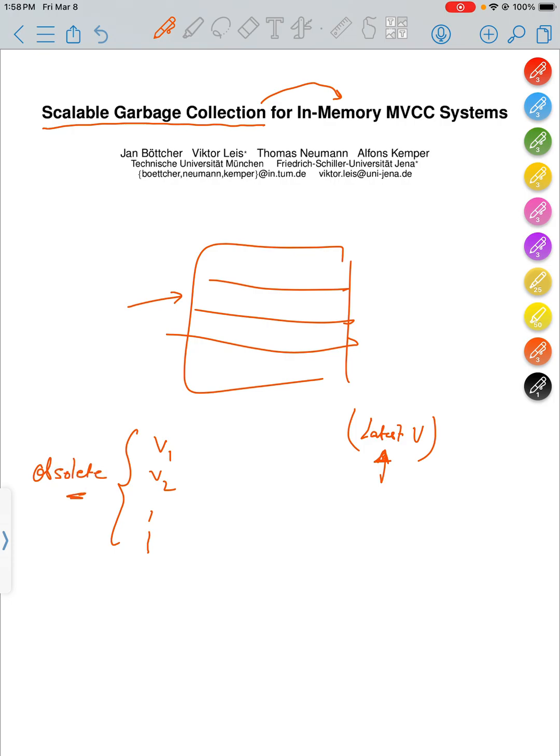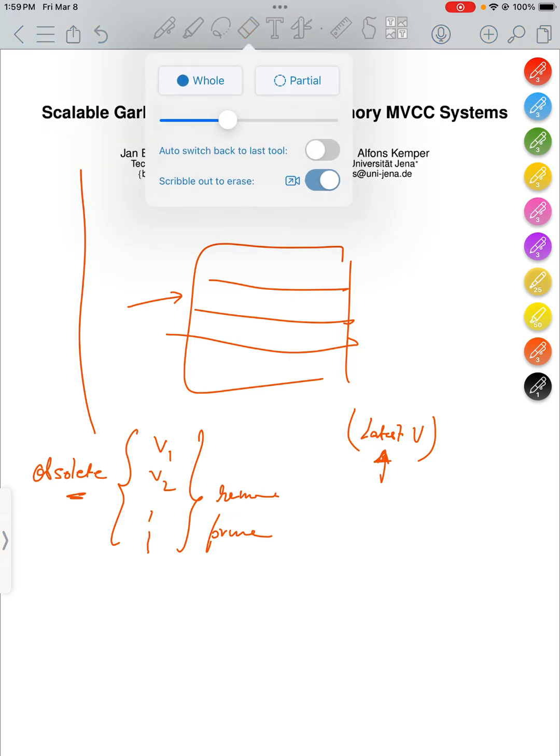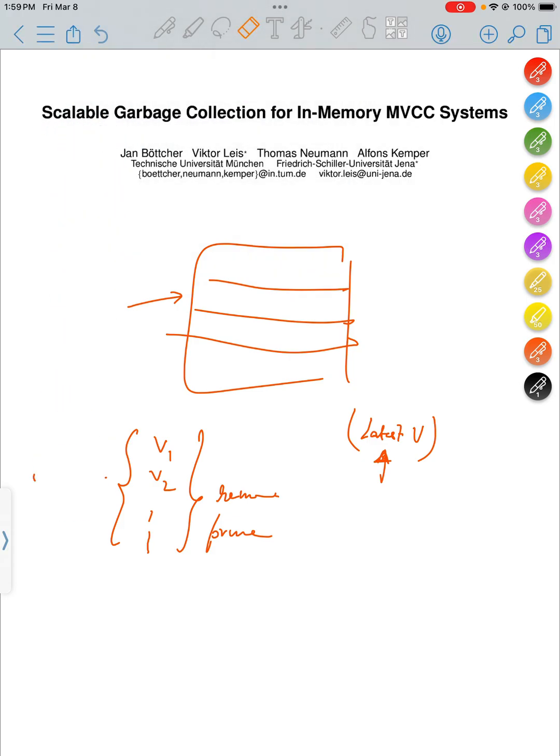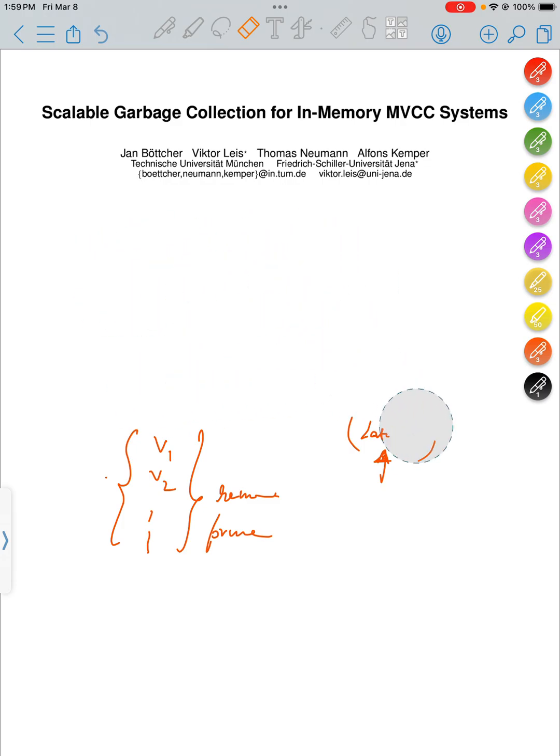So at one point of time we would want to remove it, prune it, or something like that. For that, we need a scalable garbage collection, which doesn't create memory overhead, as well as doesn't become inaccurate. It should not create computational overhead and something like that. So this paper is built on that. This is the basic motto of this paper.